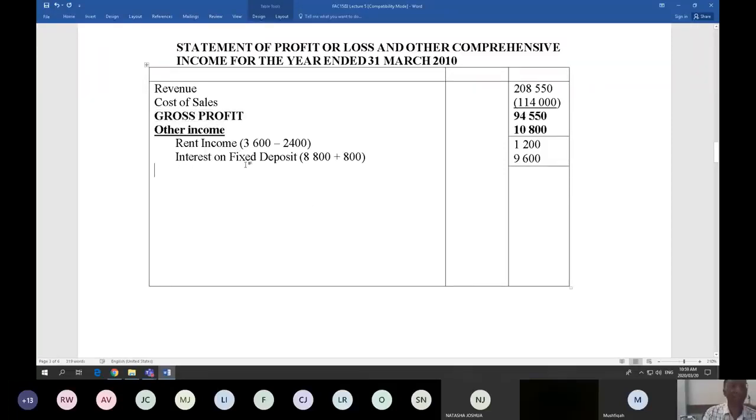In the statement, guys, we are still busy with the statement. The next heading is, of course, distribution, administrative, and other expenses.